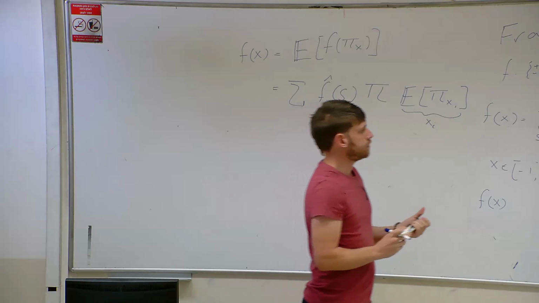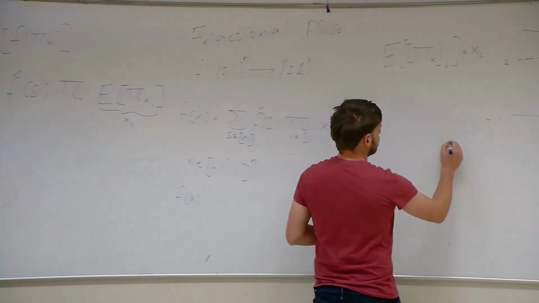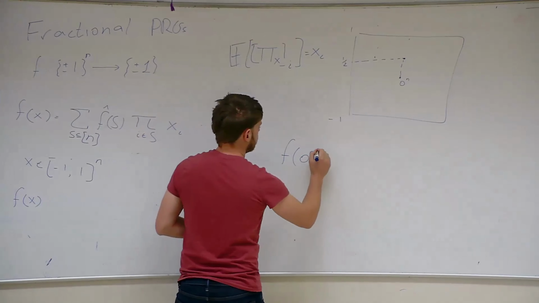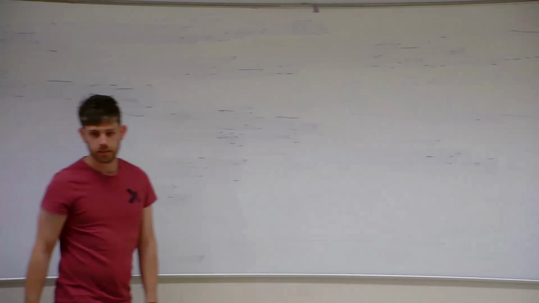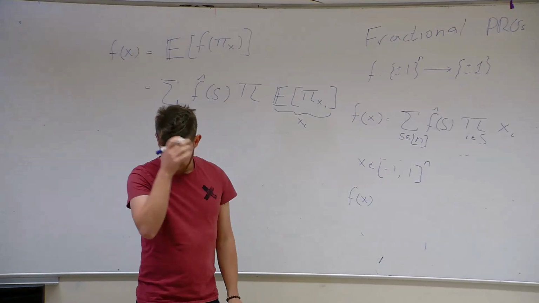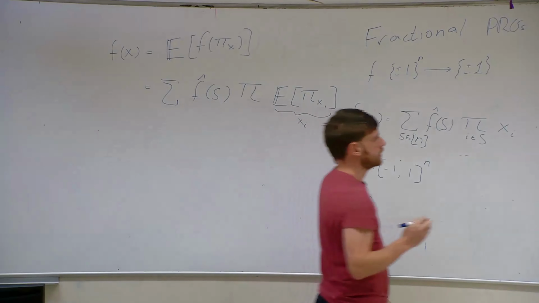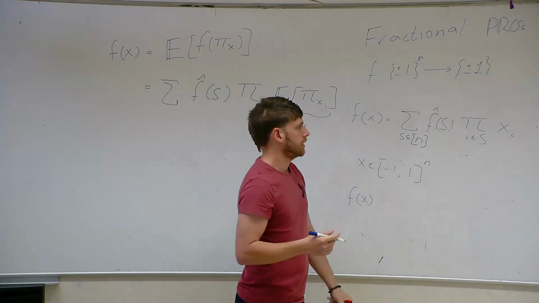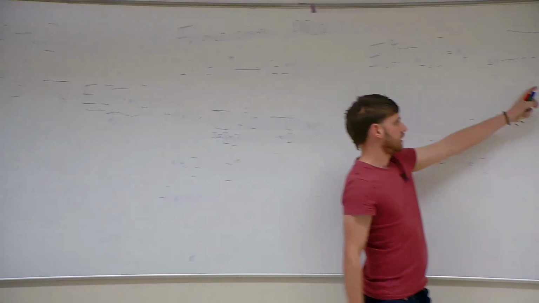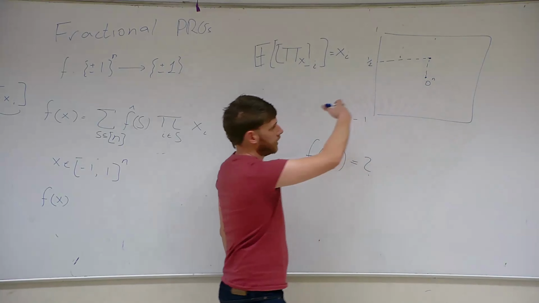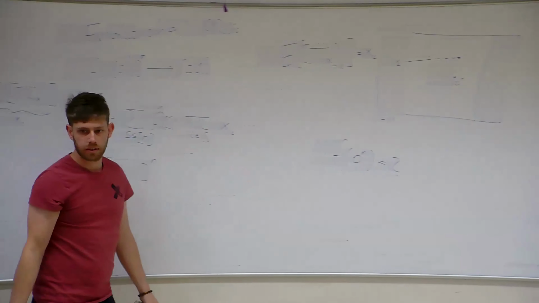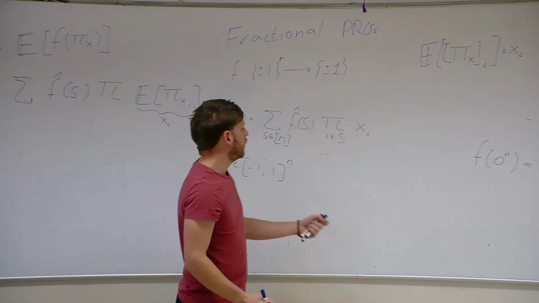So what does plugging 0 to the n mean? Taking the uniform distribution. You can see it in several ways. In this drawing, you can say I don't tend to plus or minus 1 with larger probability, it's just uniform.